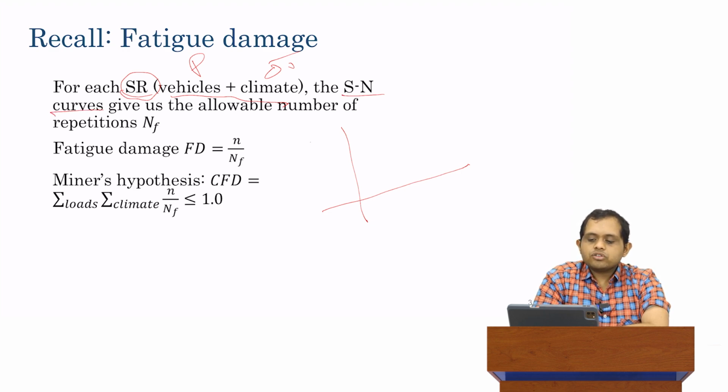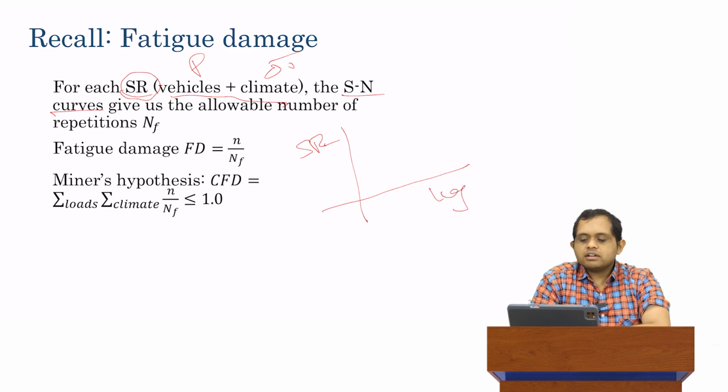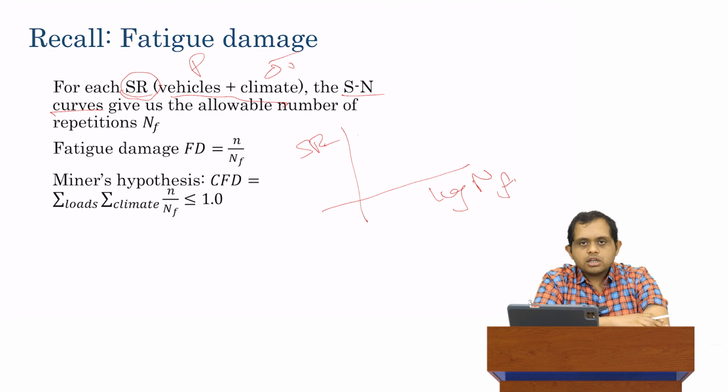An SN curve was a relationship between the stress ratio and the logarithm, not to forget, it's a semi-log curve, of the number of load applications to failure, which in design terms, we can also call the number of allowable repetitions of that stress ratio.